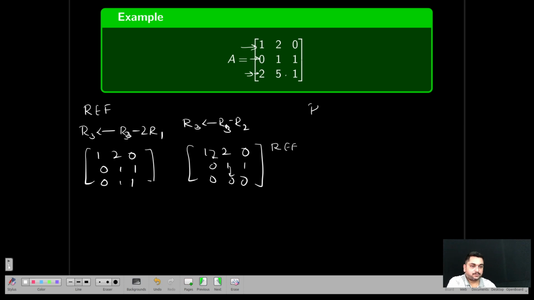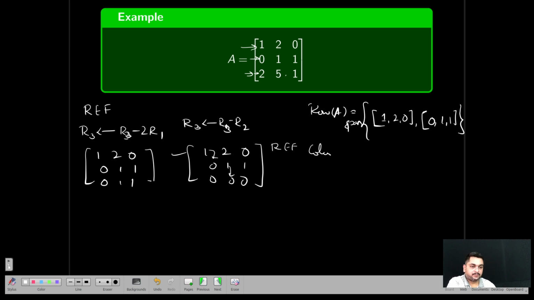What is my row space? Row space of A is equal to all the independent rows: 1 2 0 and 0 1 1, the span of these row vectors.